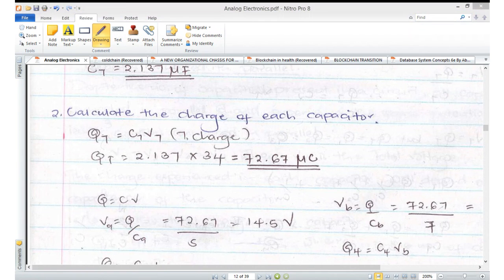So you can see how the charge is being computed there. Initially, we mentioned that charge is CV.